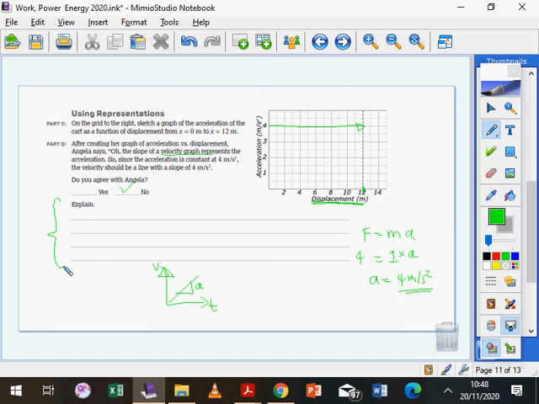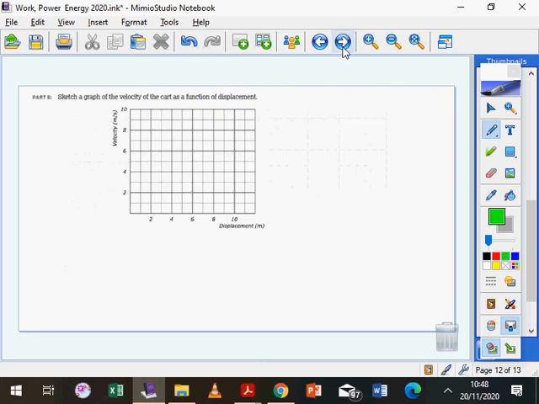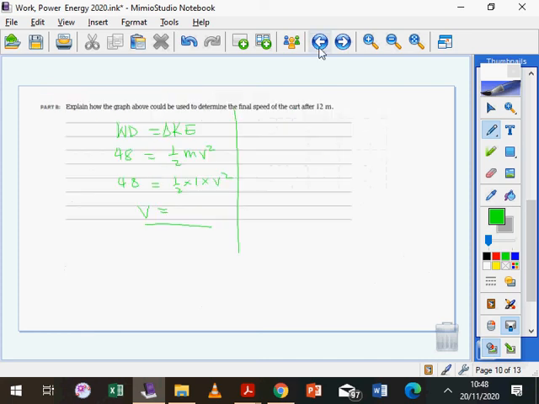All right, sketch a graph of velocity of the cart as a function of displacement. Now, remember, velocity can be got from this expression that work done is the change in kinetic energy. So the work done is half times mass times velocity squared, right? So if I go back to the initial graph that I started with, I can calculate the velocity at different points.